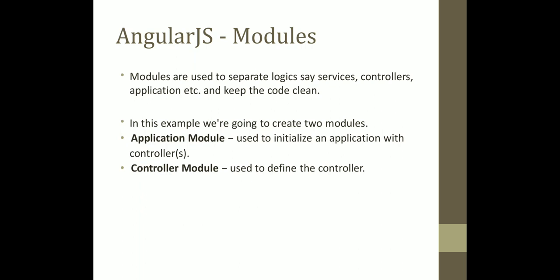The AngularJS module defines the functionality of the application which is applied to the entire HTML page, and it helps to link many components, so it is just a group of related components.